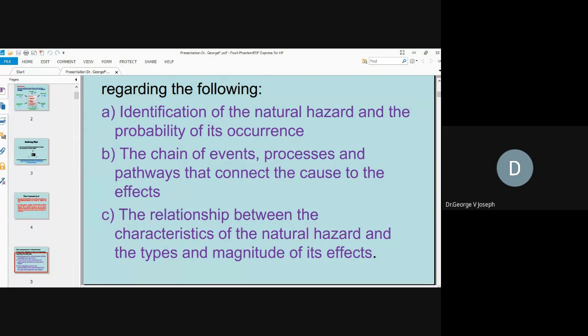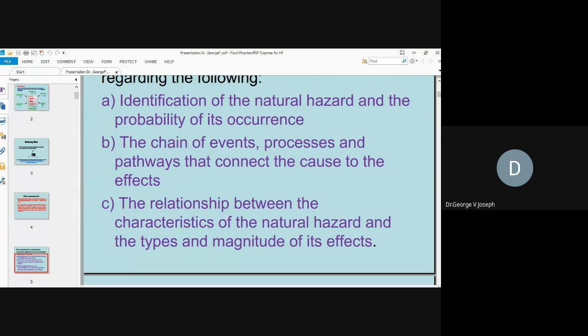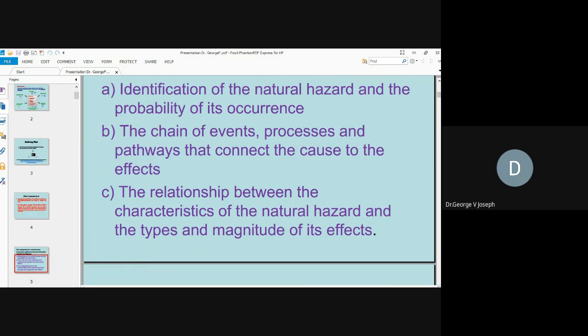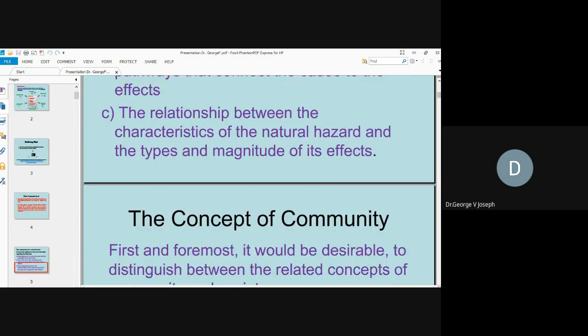And what is the magnitude, how much area is going to be affected, and what is the type? Is it a flash flood, a cloud burst, a flood due to dam burst, or even from sea rise because of the waves? We need to understand those.